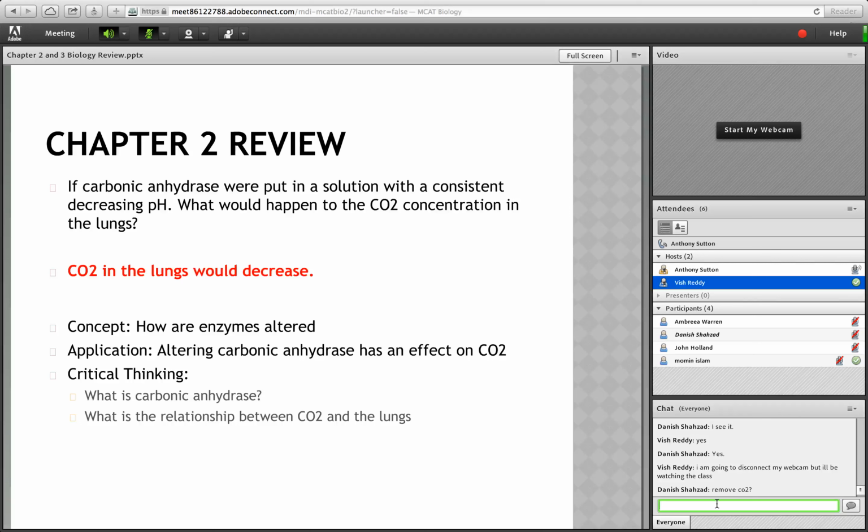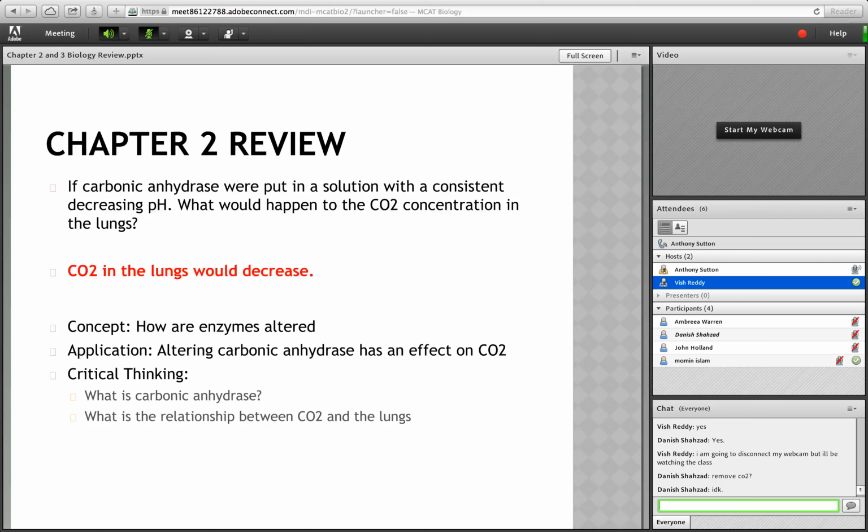And just for speed, if you don't know, just click or say no, or you can chat no. That'll be quick. IDK. Okay, good. So what do we need for that, John? What do we need in order to do that? Yes, good. So we need carbonic anhydrase.